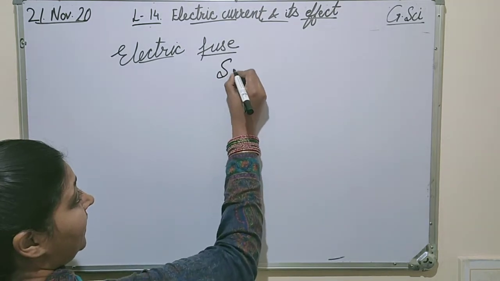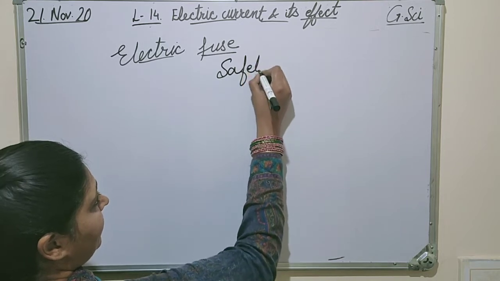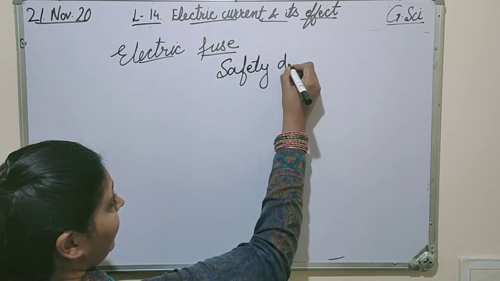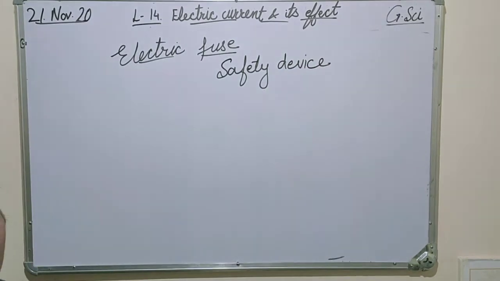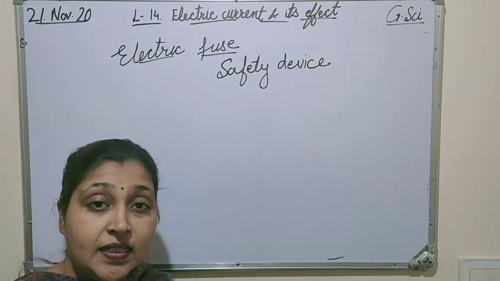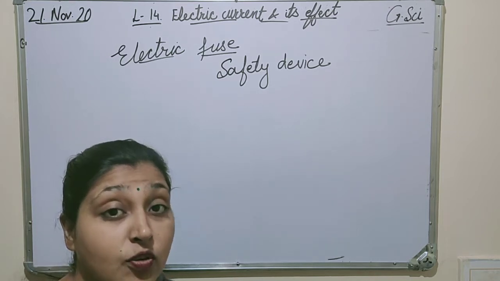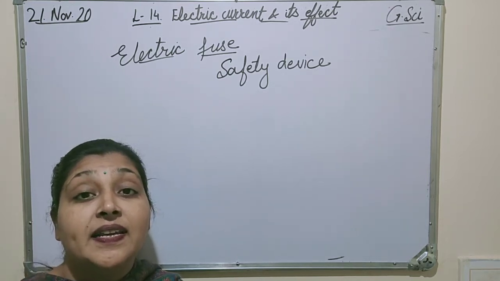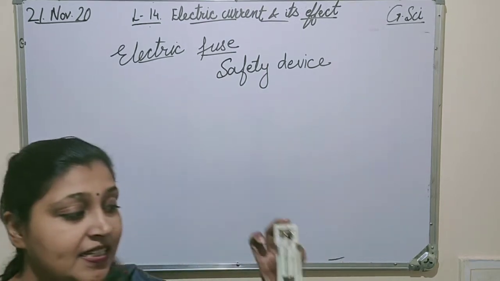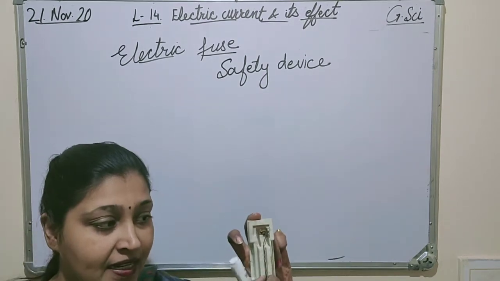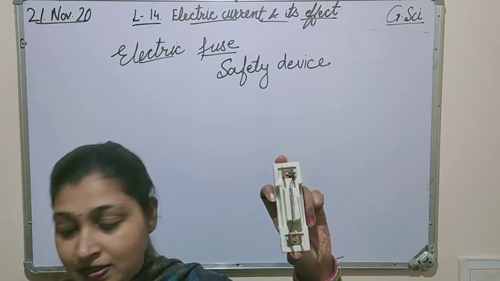It is a safety device. Why is it a safety device? Because whenever current comes in more amount than required, this fuse maintains that current. How? You can see the wire of the fuse.